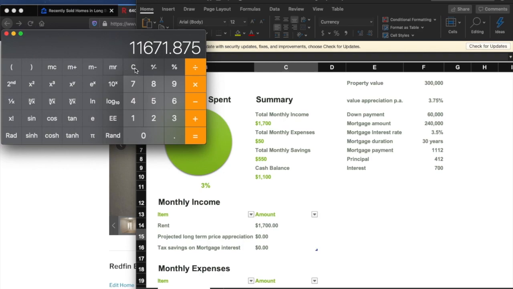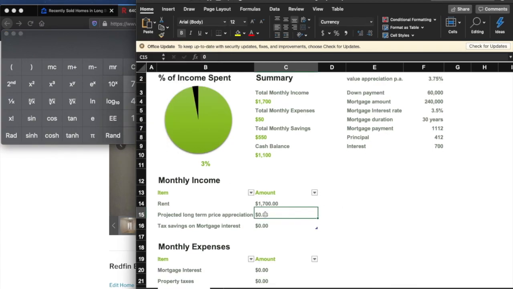Now the way I do it is I just assume the growth of the first year. I don't look into that accelerated growth effect, just to be a little bit more conservative, which means the longer I keep the property, the longer that accelerated growth effect will be on my side. So I'm assuming $11,250 annual growth, and if we divide it by 12, that's a growth of around $938 per month.